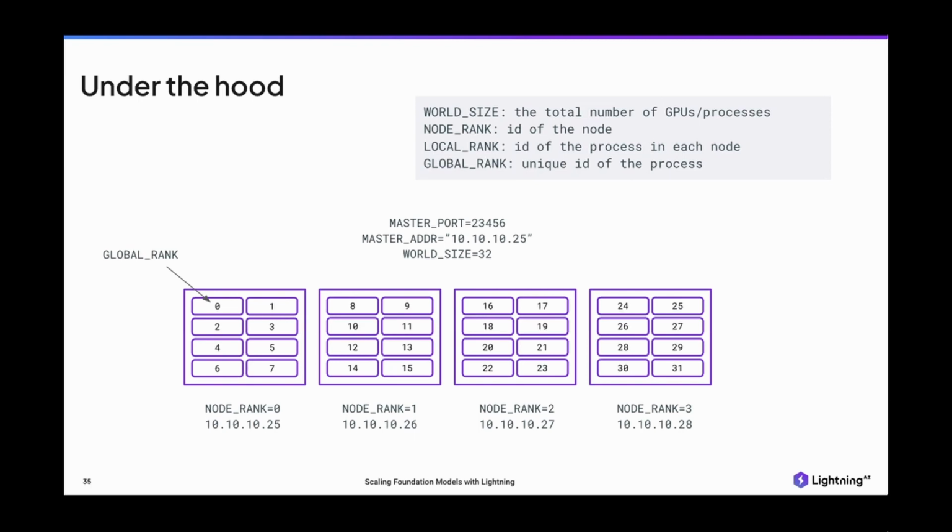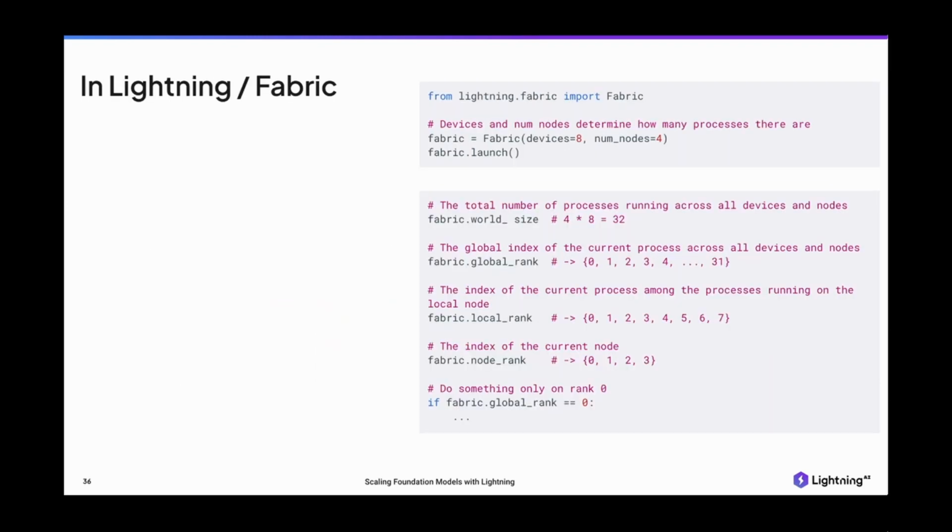There's global rank, one unique identifier per accelerator, and then there's a node ID. Once you launch Fabric in a network configuration, you will have the variables available for you. And so if you want something to happen only on rank 0, you can just say if Fabric global rank equals 0.